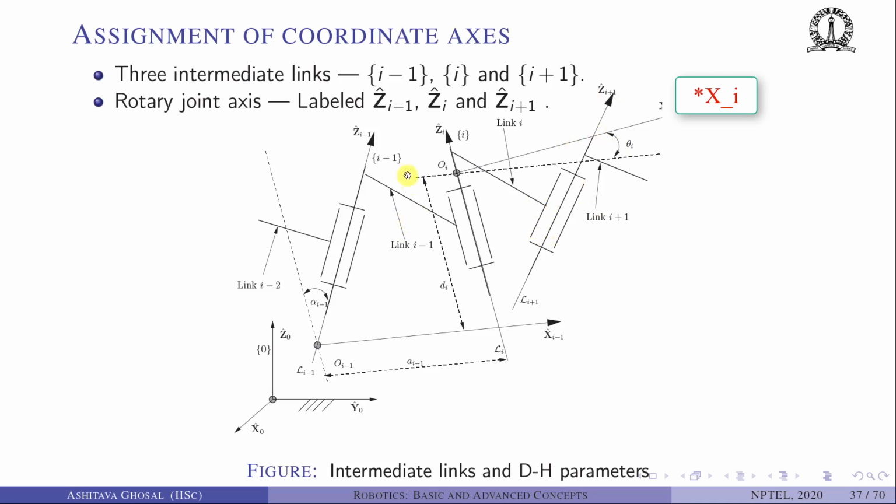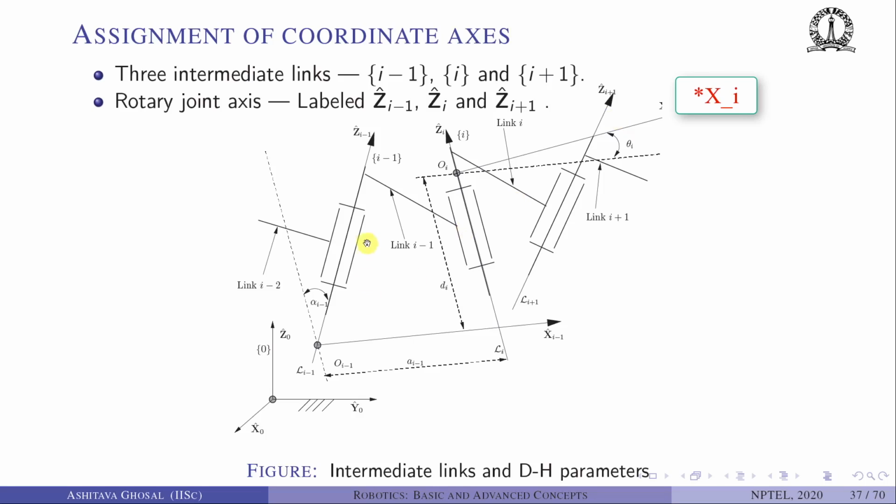As I have said, the link I-1 is after the joint axis Zi-1, link I is after the joint axis Zi, and link I+1 is after the joint axis Zi+1. So in this figure, we look at several useful quantities.